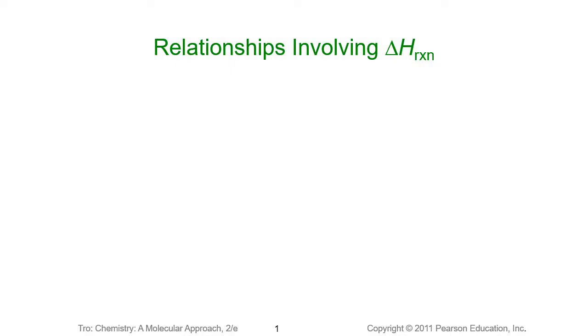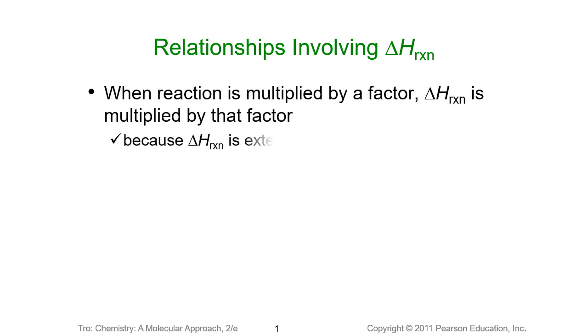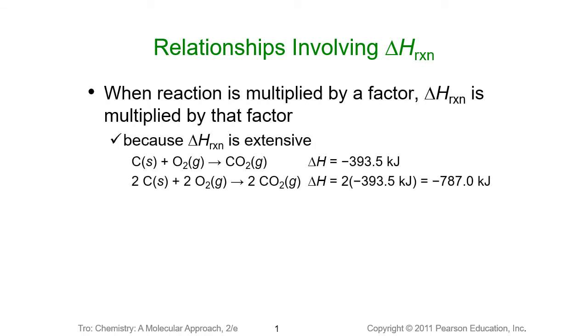When looking at the enthalpy change in a chemical reaction, it is important to remember that this is an extensive property. So that means that if we increase the number of moles, we're going to increase our enthalpy of the reaction.